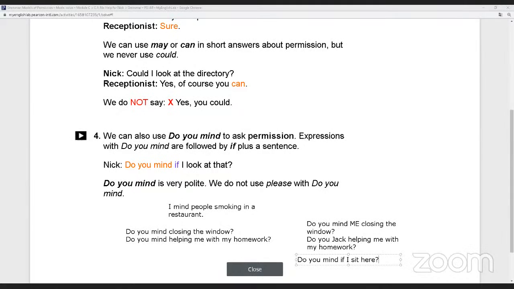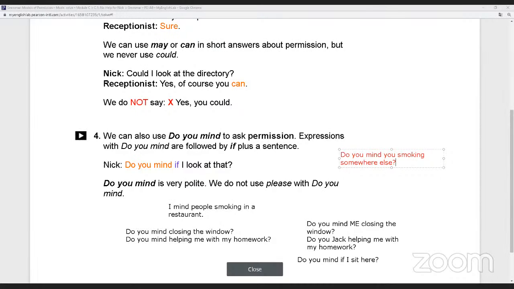Notice that we generally don't say "do you mind you" or "do you mind if you". For example, "Do you mind you smoking somewhere else?" I'm going to write it in red.